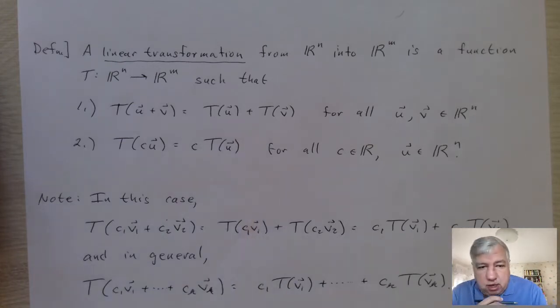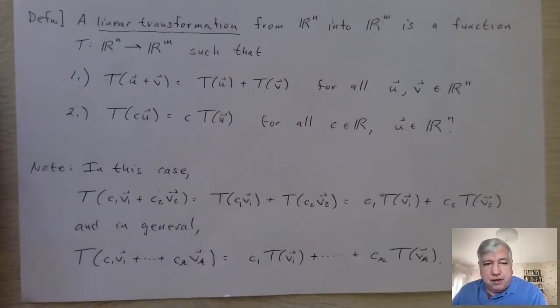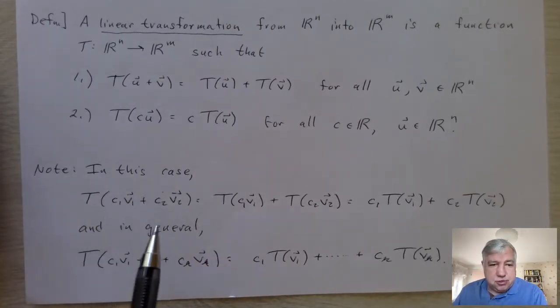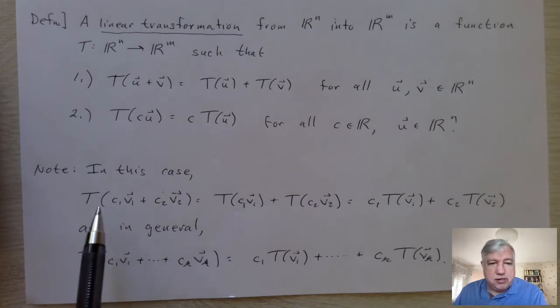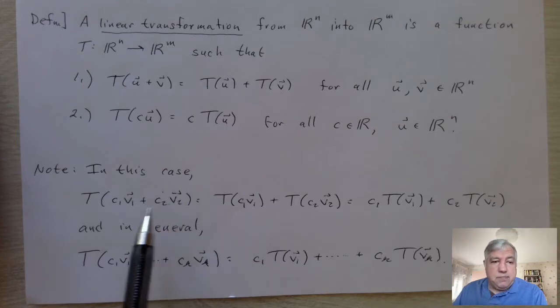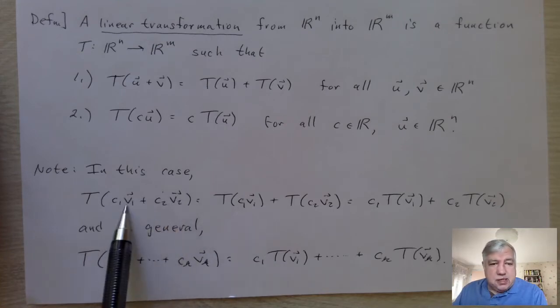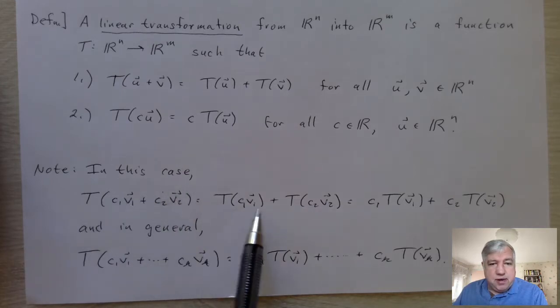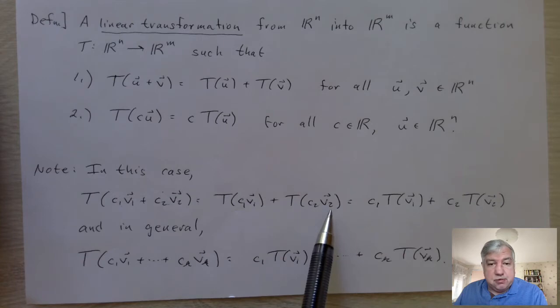Now, as a result of these definitions, we can make some conclusions. Let's say we wanted to apply T to a linear combination of two vectors. Because this is a sum, we know that this will be T of this vector plus T of this vector, so we get T(c1 v1) plus T(c2 v2) for any real numbers c1 and c2 and vectors v1, v2.